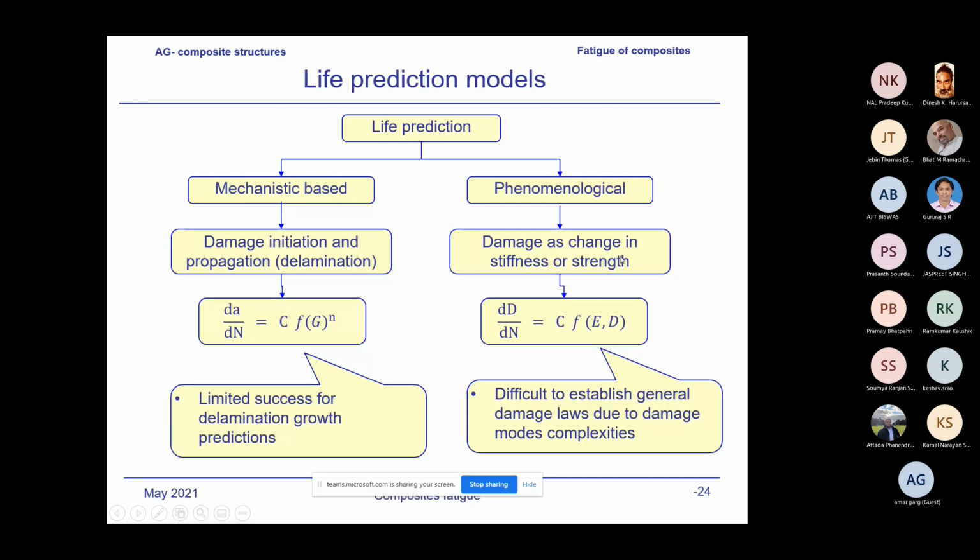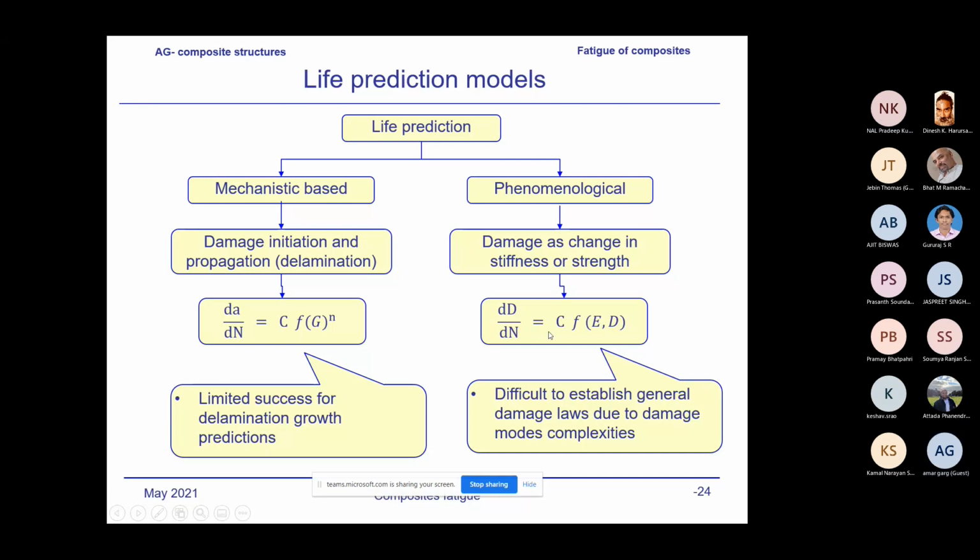Damage is a change in the stiffness or strength, that is dD, some damage, as a function of the number of cycles, C times a function of E and D, where D is damage and E is the stiffness. A lot of people have tried these models, but nothing works successfully, and in practice we can't use any of them.